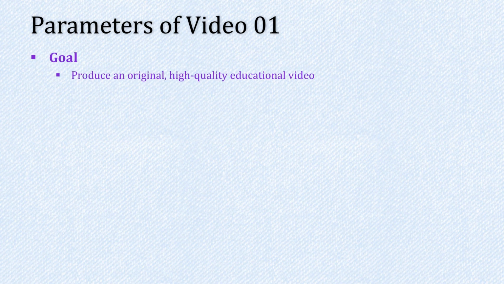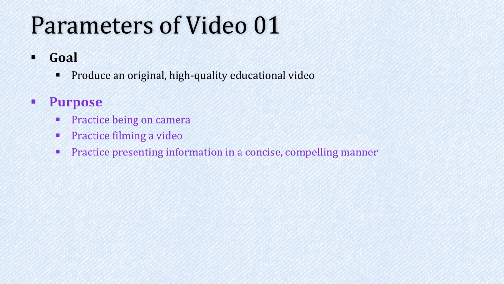So let's talk a little bit about some of the parameters of video 1. Now, the goal of video 1 of this assignment is to produce an original, high-quality educational video. Our purpose is to practice being on camera, practice filming a video, and practice presenting information in a concise and compelling manner.